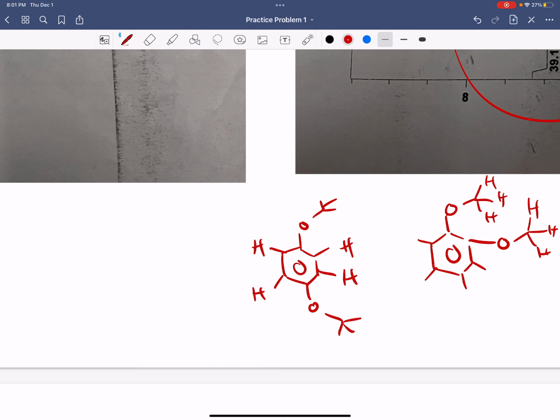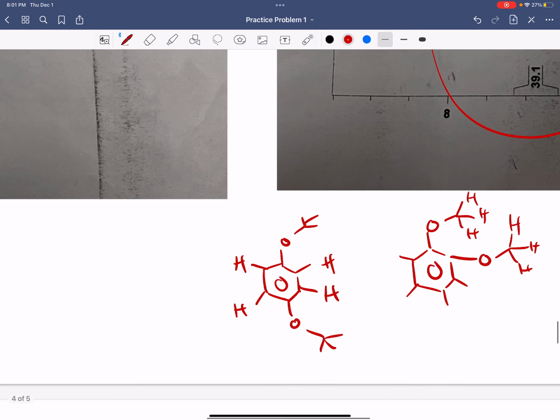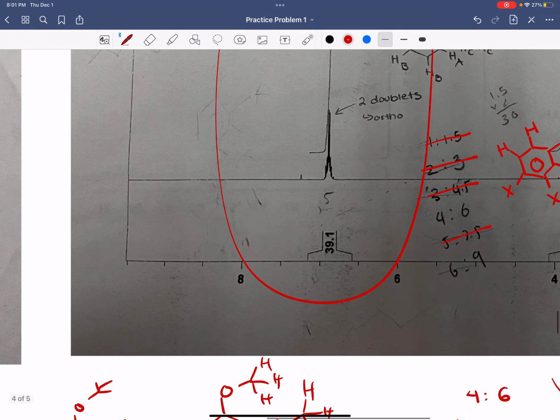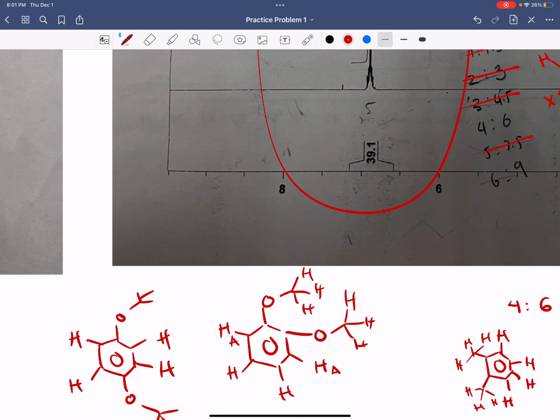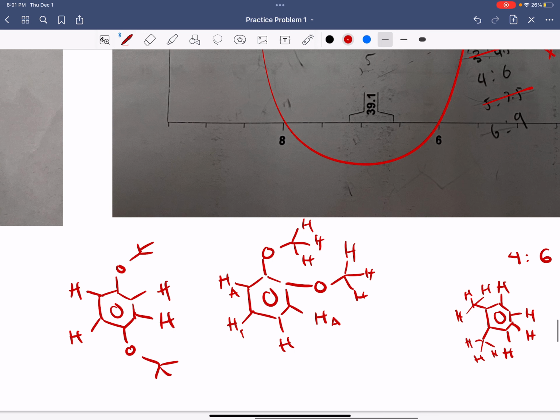So if it's para like this, then all of the hydrogens are next to the ether, so that would make all of them chemically equivalent to each other. But since we see 2 doublets, that indicates that the hydrogens are not chemically equivalent, and this hydrogen is equivalent to this hydrogen because they are near the ether, and this one is chemically equivalent to this one because they are not close to the ether.